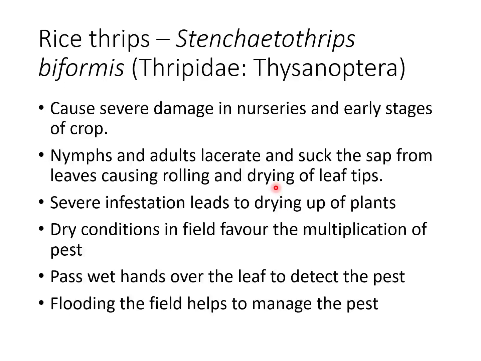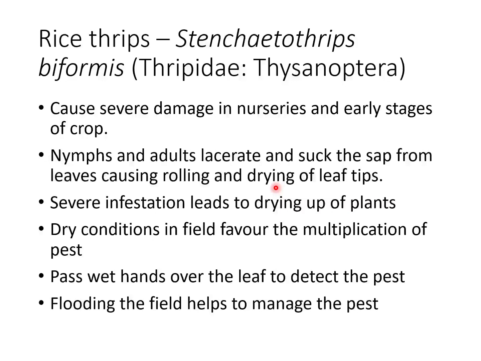And as I told you, dry condition in the field favors the multiplication of the pest. So remember the symptom, remember the nature of damage, and as I told you, increased water level in the field is a precaution against thrips. If there is severe infestation of thrips in the field, you can flood the crop.